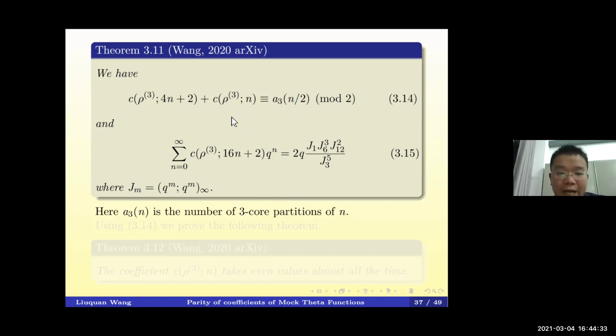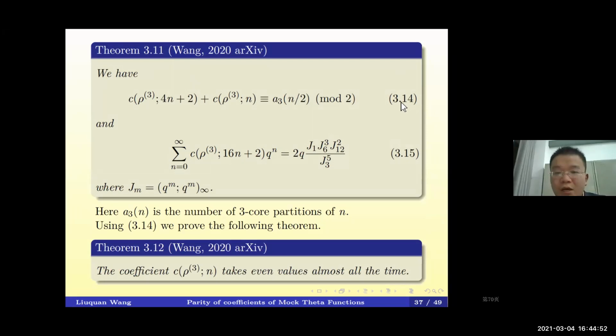And we find that at the subsequence 60n plus 2, its generating function is actually 2 times an infinite product. So at this subsequence 60n plus 2, its coefficients always take even values.